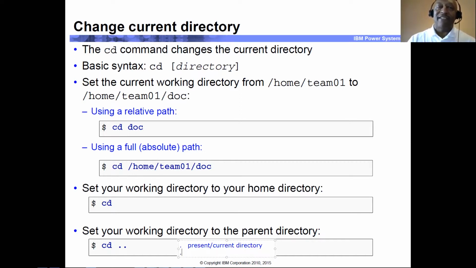The dot dot always represents the parent directory, or another way of saying it, one directory above current. All right. One directory above current.